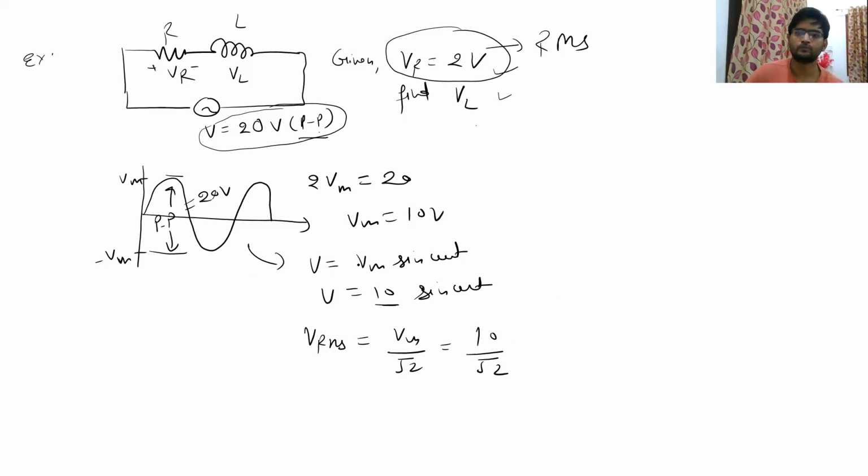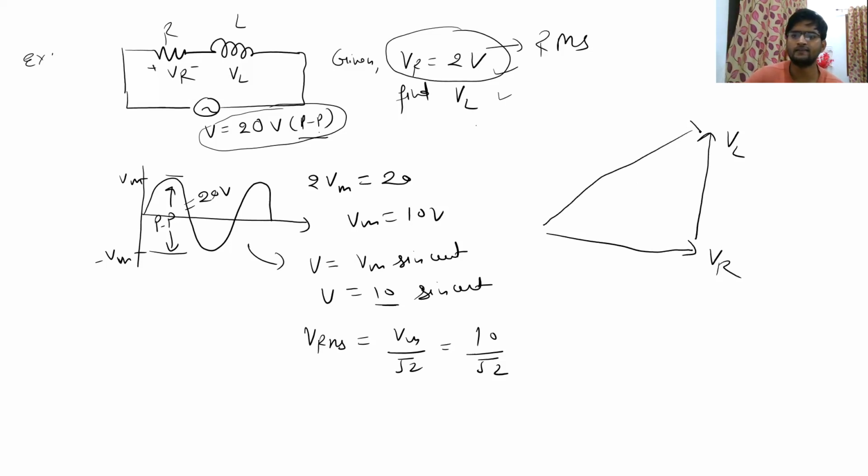Now, if we go back to the phasor diagram for the RL circuit, we had made this as VL, this as VR, and the resultant as the final voltage V, or in this case, this RMS value.